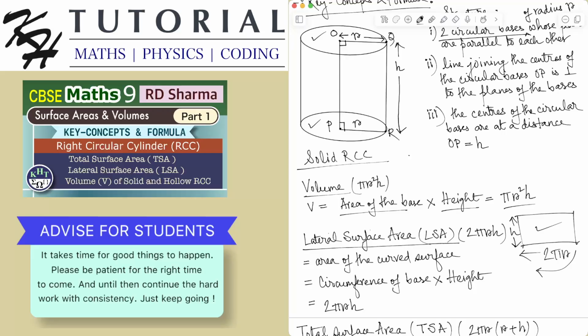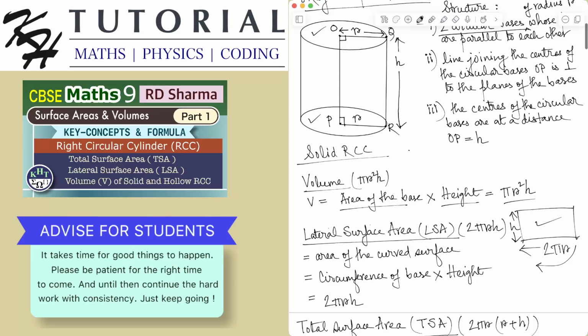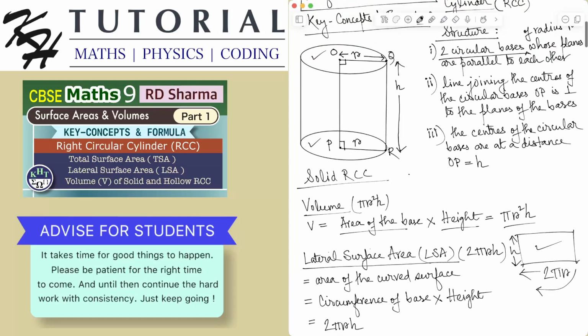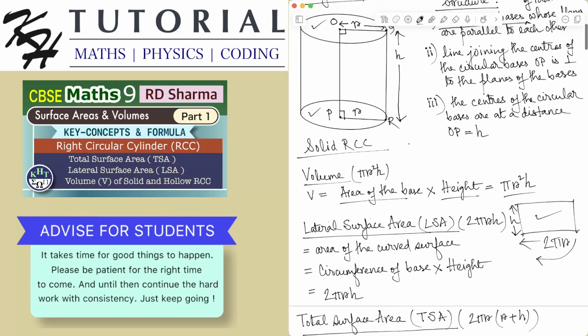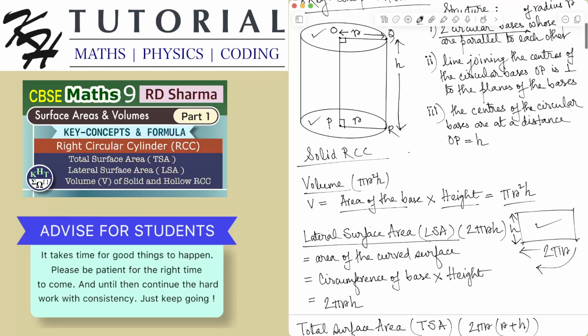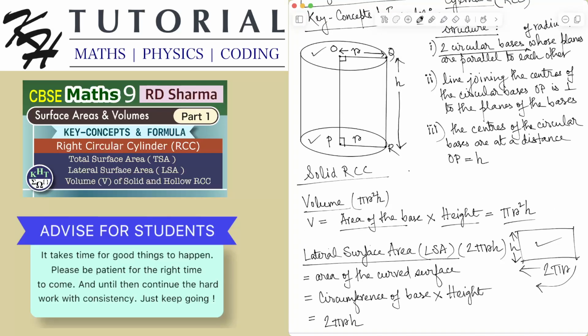Now, what is the total surface area or TSA? It is the area of the curved surface as well as the two bases or the two end faces. Now, each end face is a circle having area pi r square.